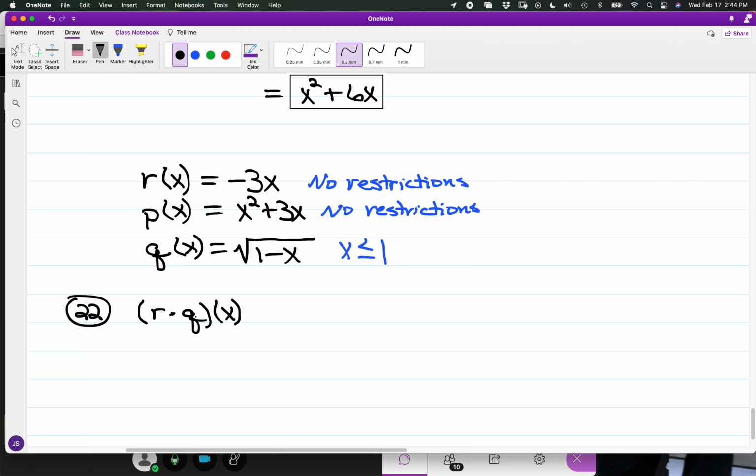So for R times Q of x, this is one of our 3 operations where we can just combine the restrictions and go ahead and get the domain.